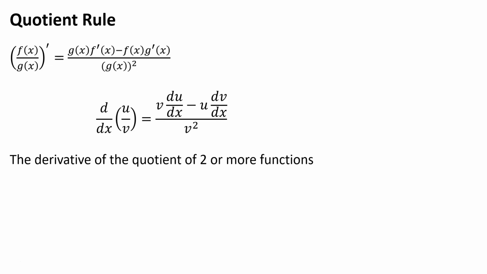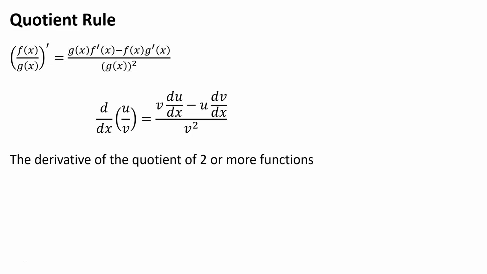So this is another rule in finding a derivative. And this one, similar to the product rule, you actually have two or more functions, but instead of it being the product of two or more functions, this one is the derivative of the quotient of two or more functions. The product rule was the product of two or more functions. This is the quotient of two or more functions.